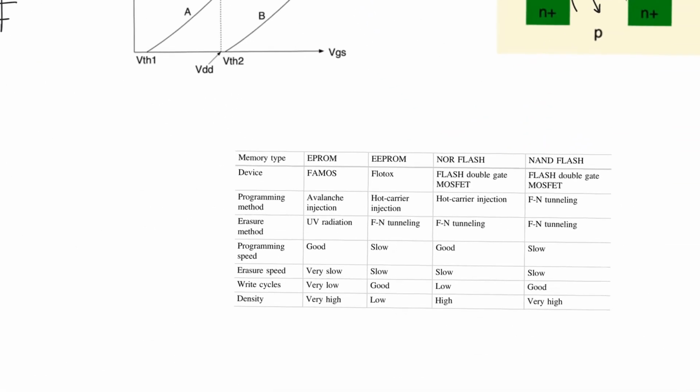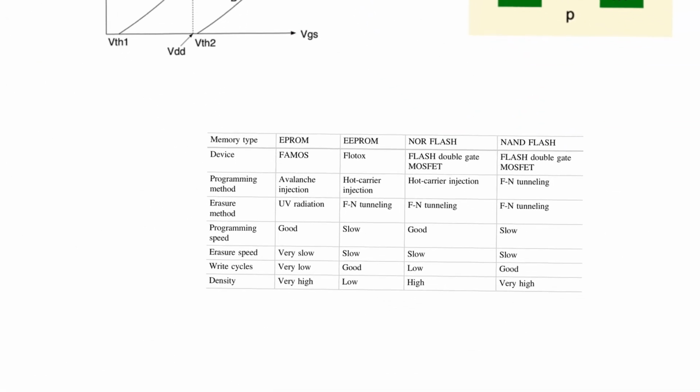And so if you look at this table, you will find that I'm listing the 4 kinds of non-volatile memories I will discuss: EPROMs, double EPROMs, NOR flash, and NAND flash. These are the 4 most important non-volatile memories, and specifically these 2 are really important.